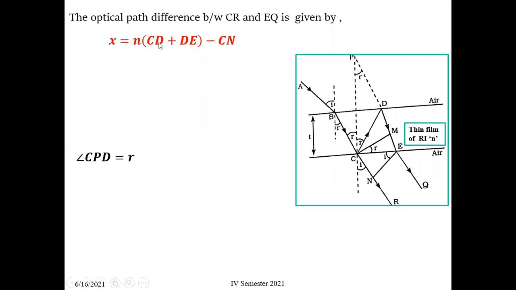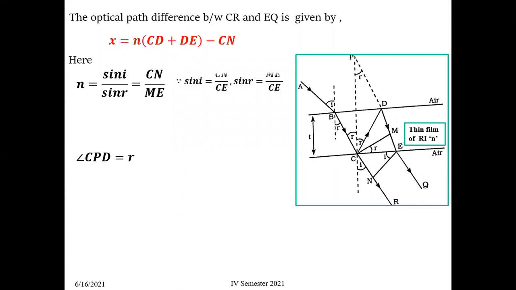Now find out what CD plus DE is, and what CN is. As per Snell's law, the refractive index n is equal to the ratio of sin i divided by sin r. First, find sin i.